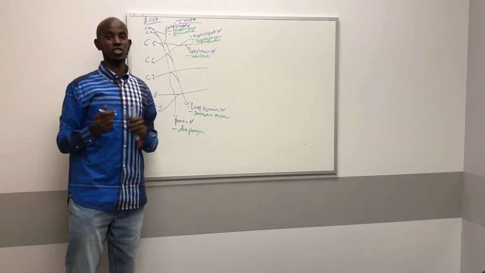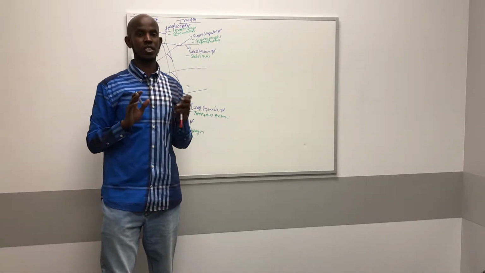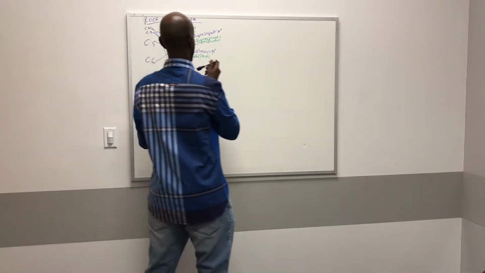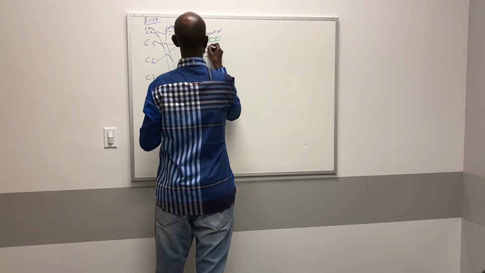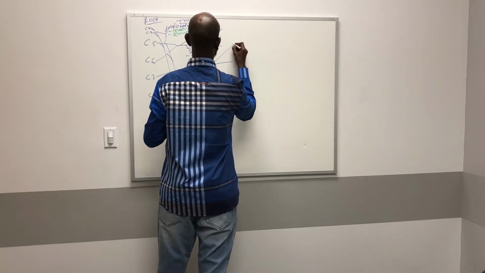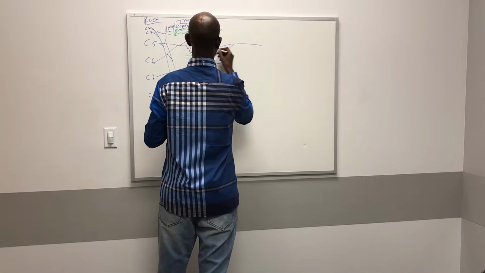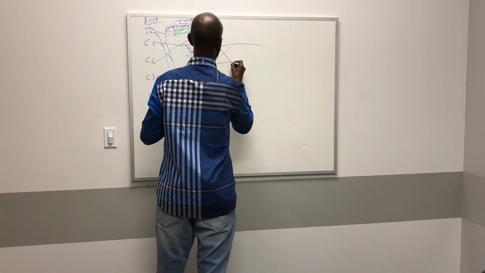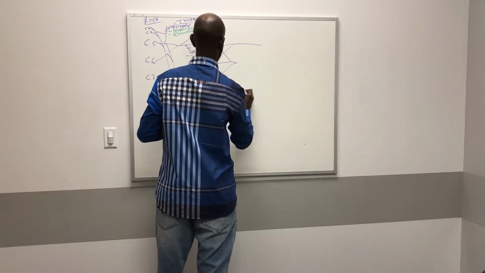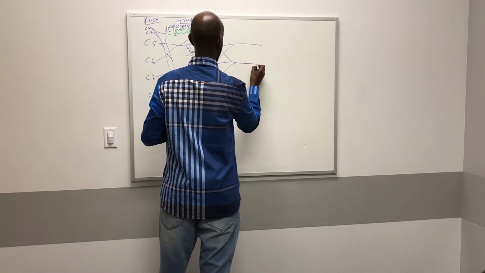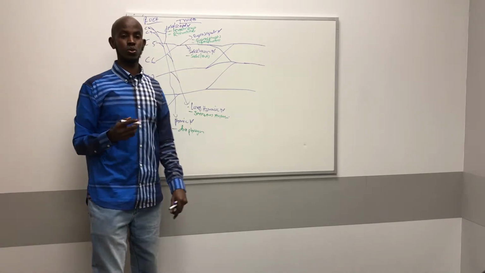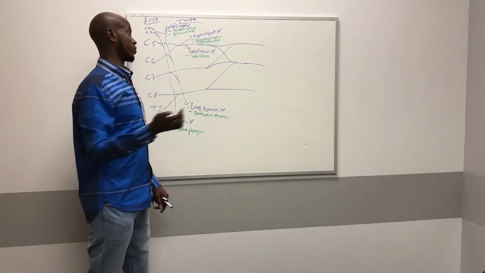So we are moving to the divisions now. There are no single branches that come off from the divisions. Now each trunk is split into two, anterior division and posterior division.